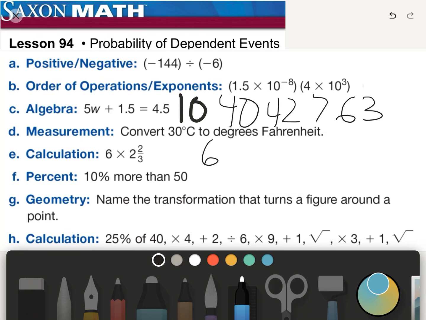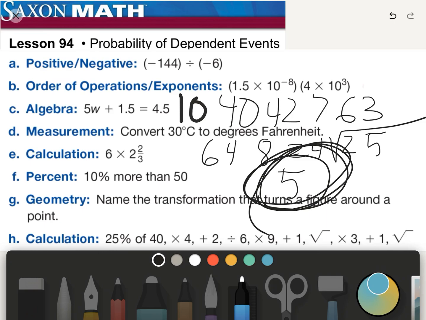Plus 1 is 64. Square root of 64 is 8. 8 times 3 is 24. 24 plus 1 is 25. And the square root of 25 is 5, for your answer.